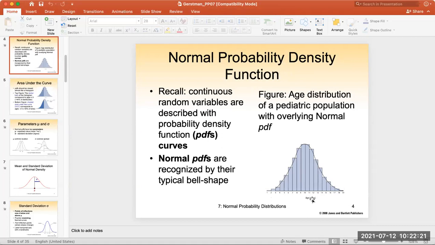Here on the x-axis we have the age in years, and along the y-axis we have the frequency. So in this figure we have the age distribution of the pediatric population overlaying normal. Now if this class interval you make very small, it will take the shape of this kind of curve.